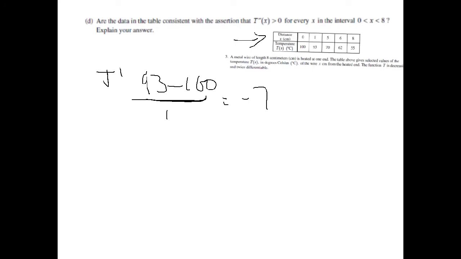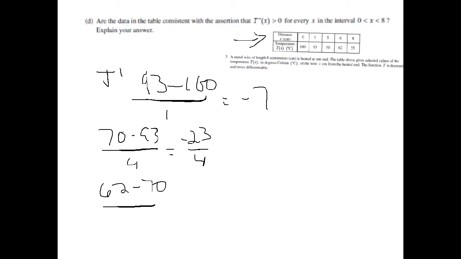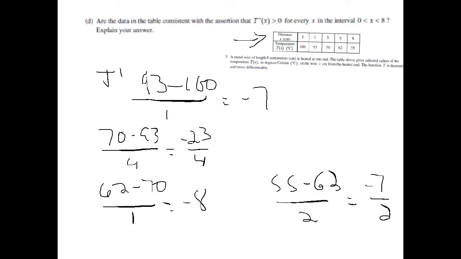From 1 to 5, the rate of change is 70 minus 93 over 4, which is equal to negative 23 over 4. The next interval, 5 to 6, I'd have 62 minus 70 over 1, which is negative 8. And the final interval, I'd have 55 minus 62 over 2, which is equal to negative 7 over 2.